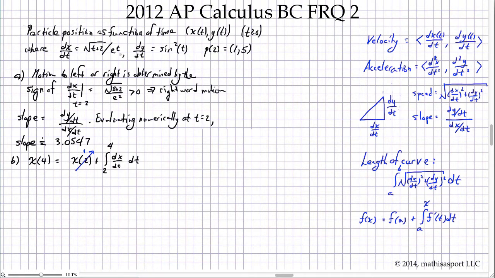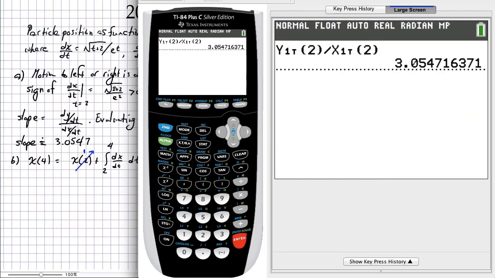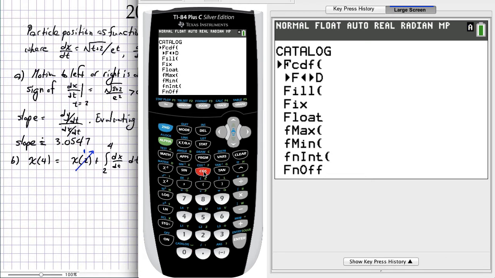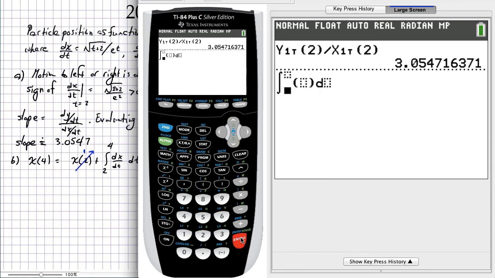And so I can evaluate that numerically going back to the calculator. I'll just need to make reference to the integral of dx dt, which is the x1t function. So I'm going to go to the catalog and down to the F section. I want the finite integral. We'll start at 2.